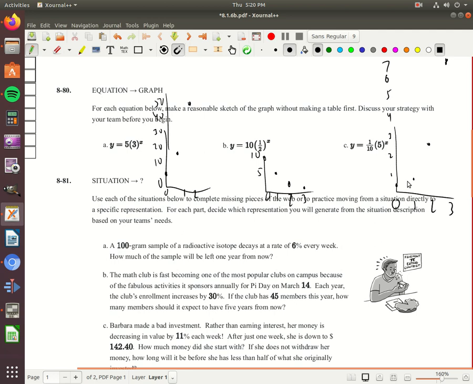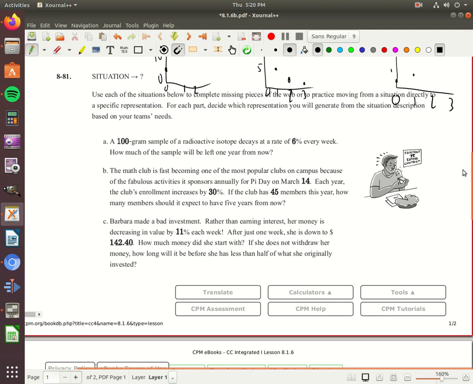So 0.1 times 5 is 0.5. 0.5 times 5 is 2.5. 2.5, oh wait, no, that would be like 12 something. So yeah, that one would be off the charts there. So I guess we could put like a little break, and say somewhere between 12 and 13, we would have that 12.5. So not the world's greatest graphs, but whatever, good enough.